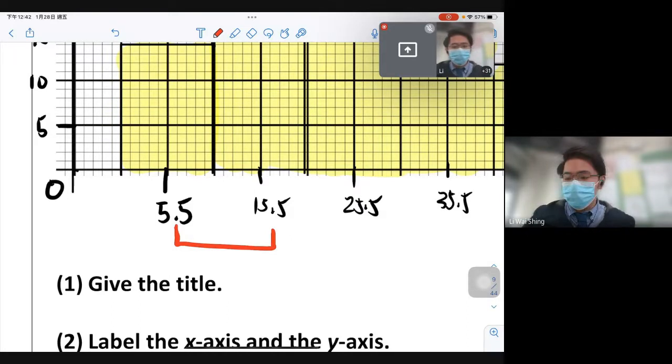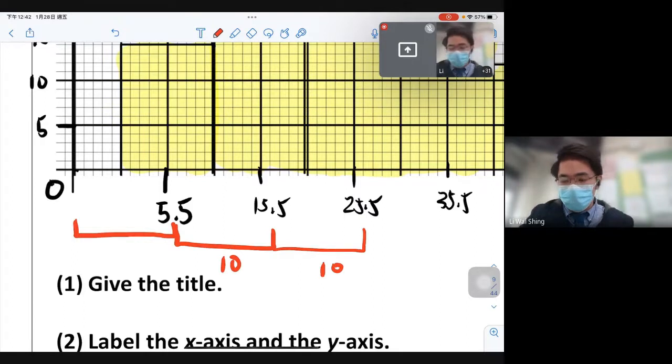The difference is 10, right? The difference here is also 10. What about here, from 0 to 5.5? The difference is 5.5, right? When you find that the differences are not consistent, the distances are different, then you need to use this symbol to represent that you ignored some data at the front.